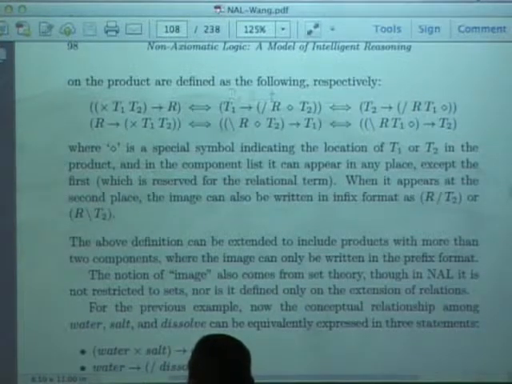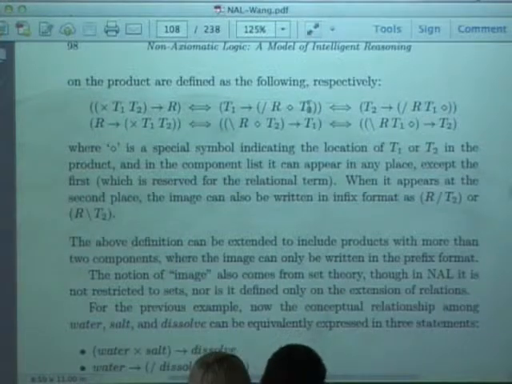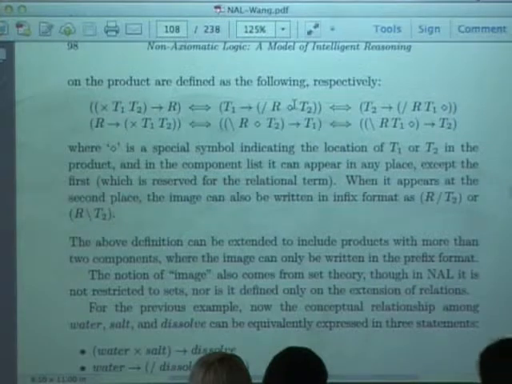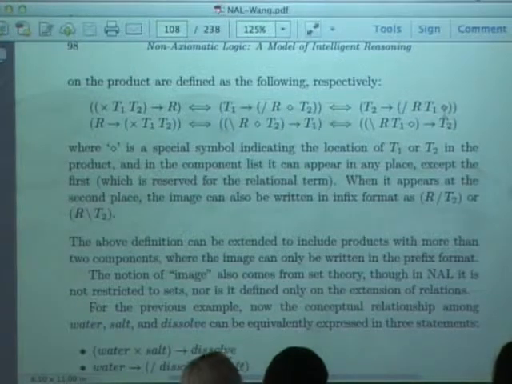Then you have this special symbol. In the implementation it's an underscore, because you don't have a diamond key. It indicates, if you put this thing back into the relationship, which place it is in. It is here for this one, and here for this one, just a placeholder to keep the order.